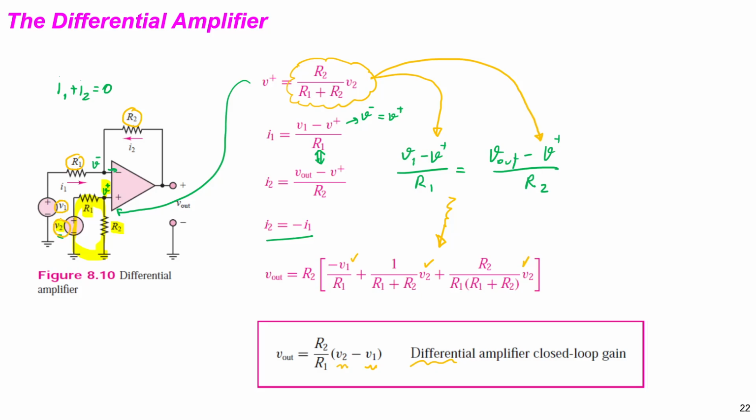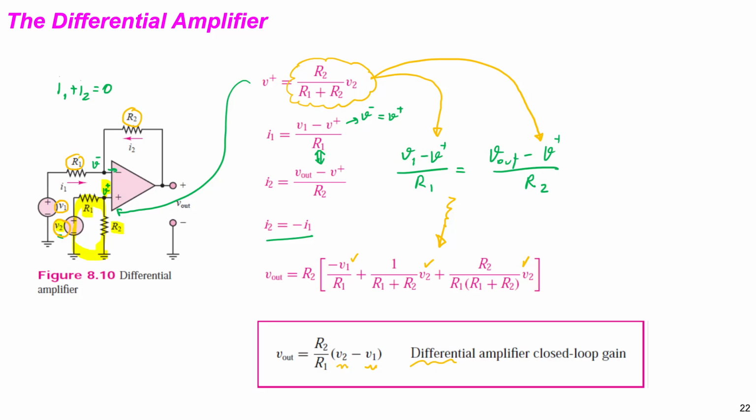The difference between V2 and V1 is the output. With this type of circuit, we can get the difference between two input voltages. With the proper selection of R2 and R1, we can get the proper V out.